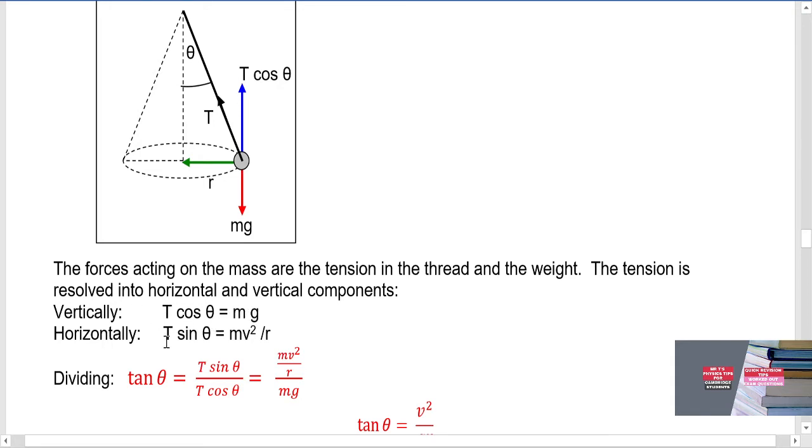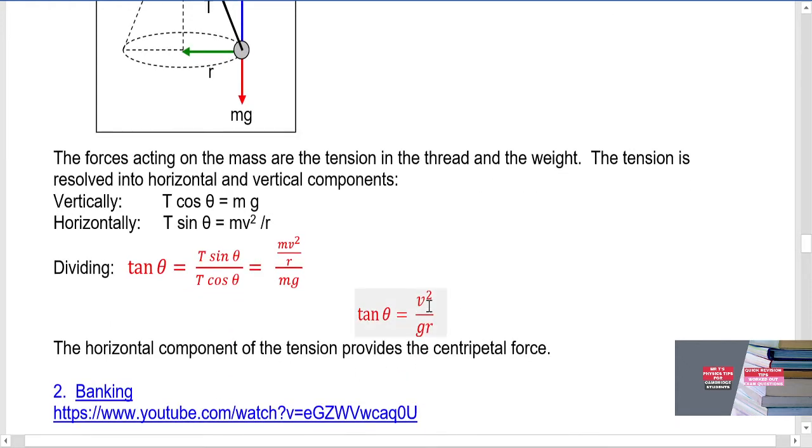The T's will cancel out. Sine theta over cos theta gives you tan theta, and then we have mv squared over r divided by mg. So the m's will cancel. You remain with v squared over rg.